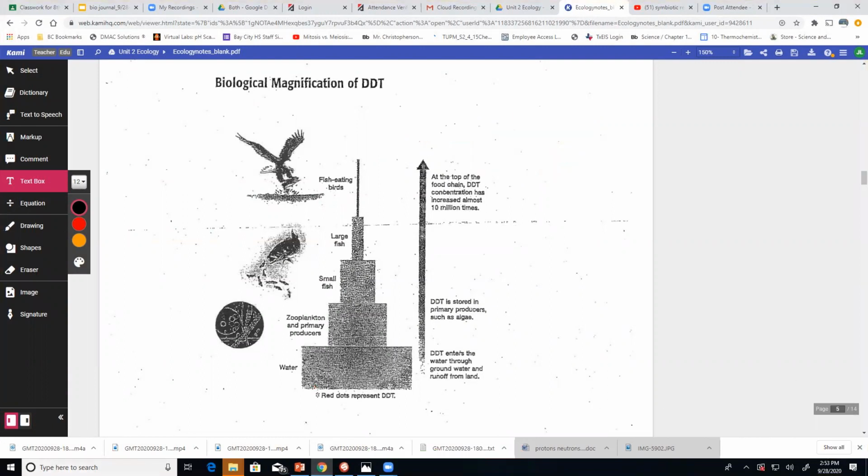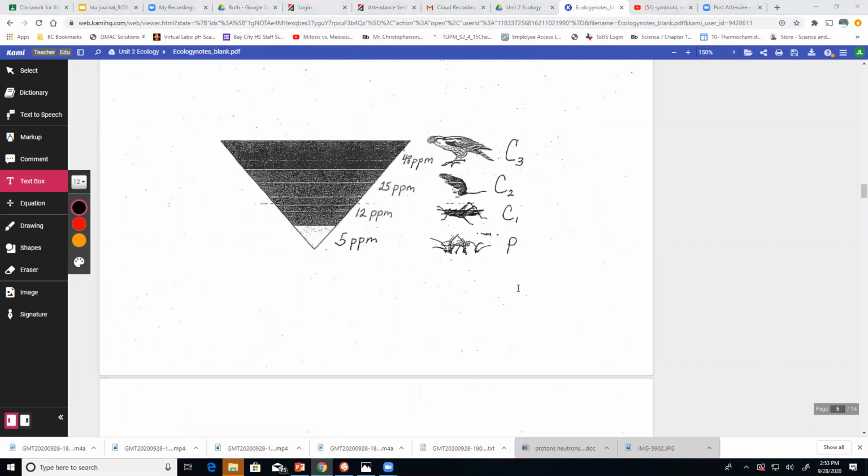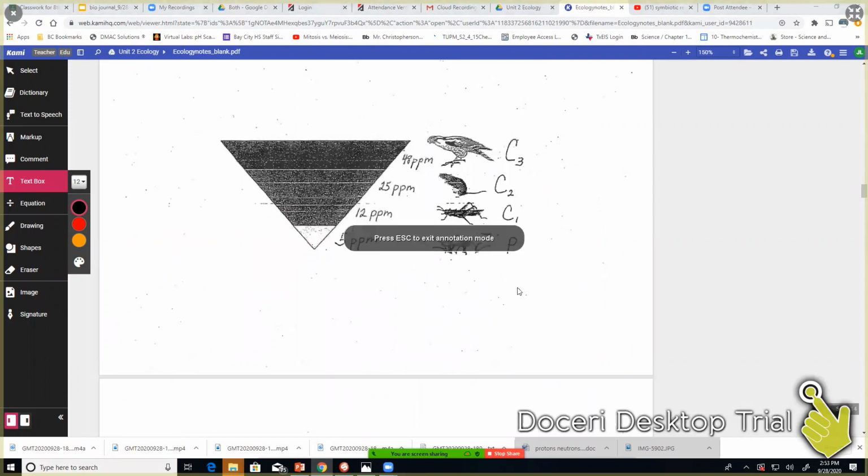Because it's really opposite of what you see in a food web or a food chain, you end up with an upside down pyramid because it is increasing as you go up.